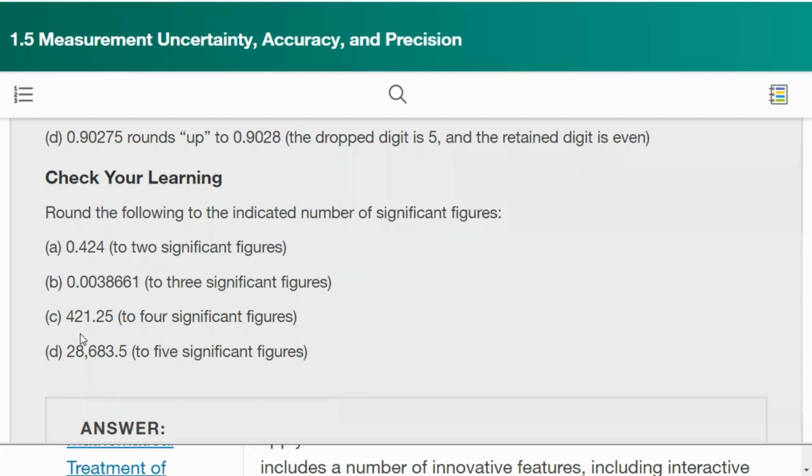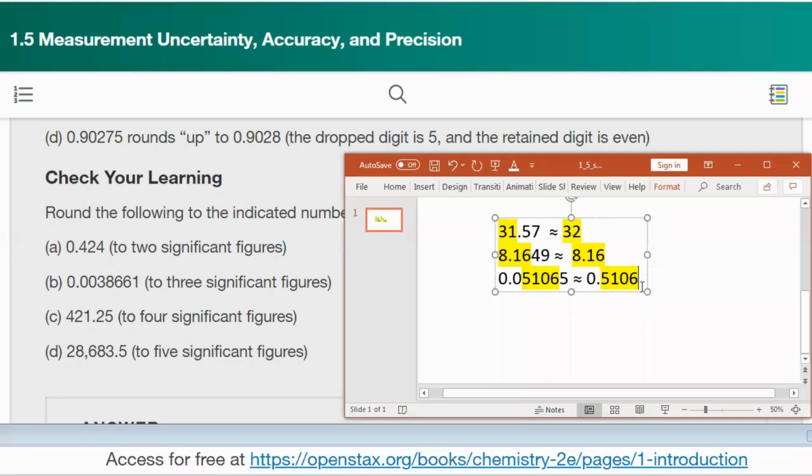Let's do this one. 421.25, 4 significant digits. So we start from the left and go right.